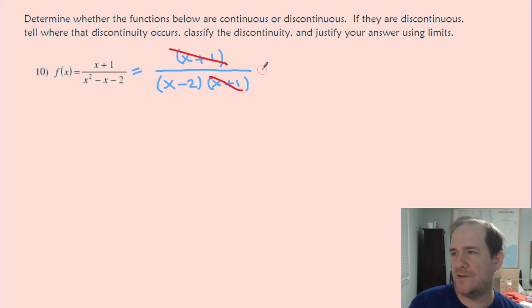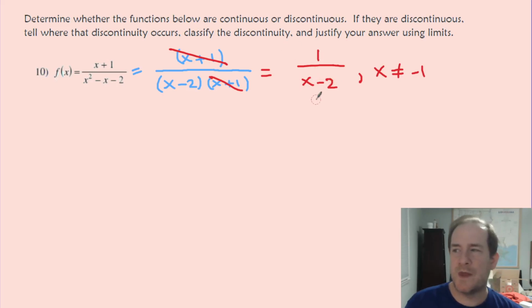These do cancel, and I do get a new function. But notice there's still a discontinuity down in the denominator. There's still a discontinuity at 2. Since that guy didn't cancel, we know that f of x will have a vertical asymptote. And since the x plus 1 factors did cancel, that tells me that at x equals -1, we'll just get some kind of hole.